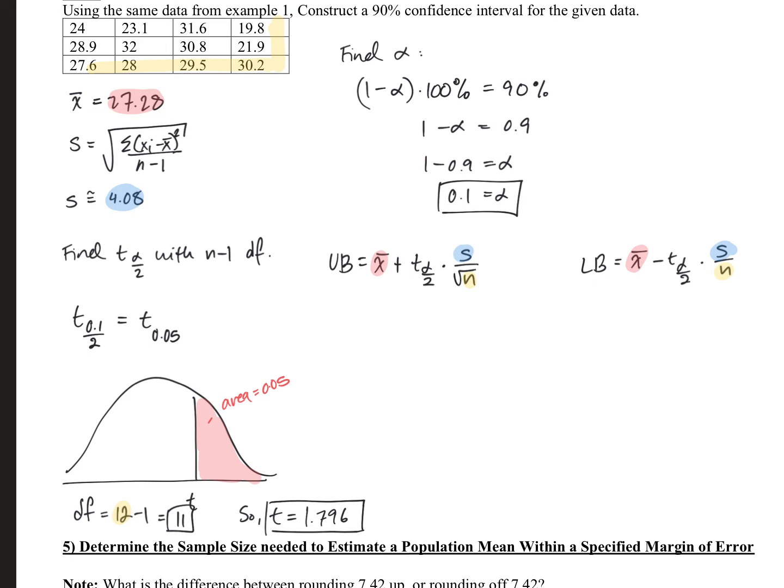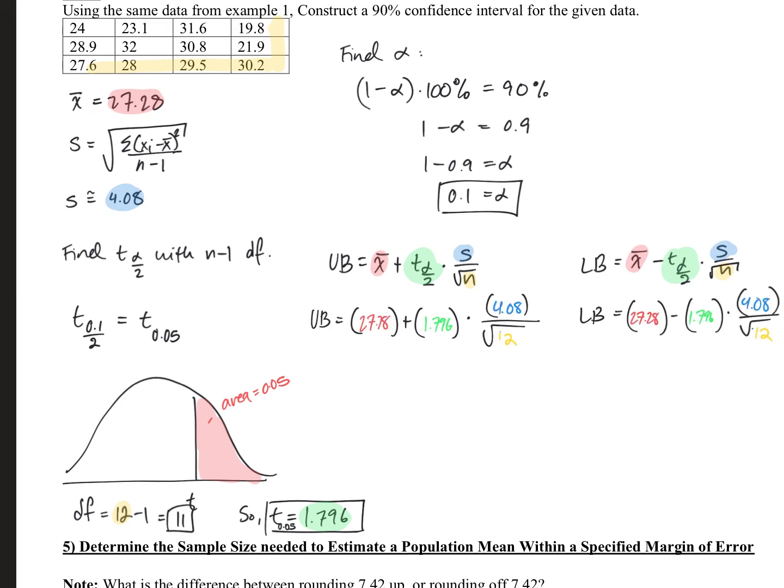And then what color am I missing? Green. And my t value. Oh, I labeled that a little incorrectly. So our t value should be t of 0.05. Okay. That will be the t value.